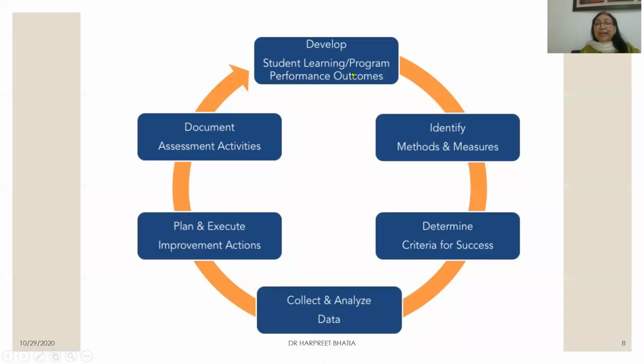That is, we develop the program for the student. We identify methods and measures by which we are going to disseminate the information and assess it. Then we also determine what for us is success. What is the percentage that we expect from our students, or what is the GPA point that we expect?